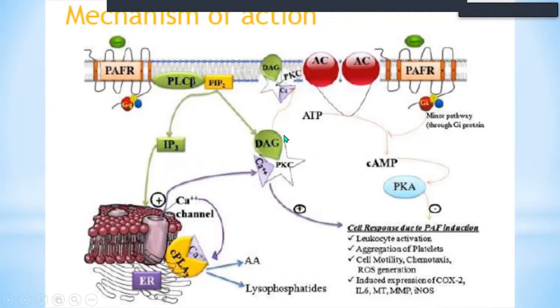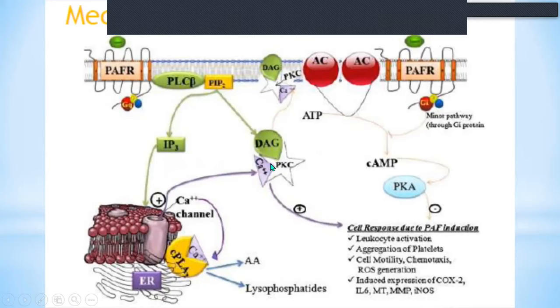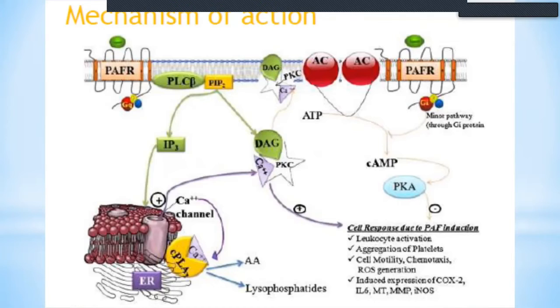It activates diacylglycerol, and calcium and protein kinase C are both activated, and hence the intracellular calcium content will be increased, and varieties of reactions will take place. Apart from this, ATP is converted to ADP, and of course PKA is activated. This is the minor pathway, whereas the major pathway is by PLC, PIP2, IP3 and DAG.